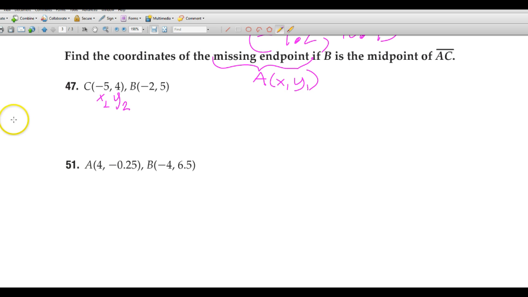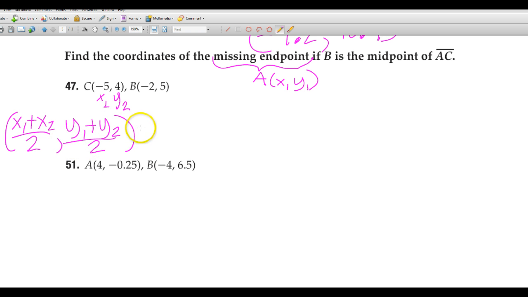So our midpoint formula says that x1 plus x2 divided by 2 and y1 plus y2 divided by 2 is equal to our midpoint, which is B. So it's equal to -2, 5. So we're going to substitute in our x2 and our y2, and we're going to solve for our x1 and our y1.